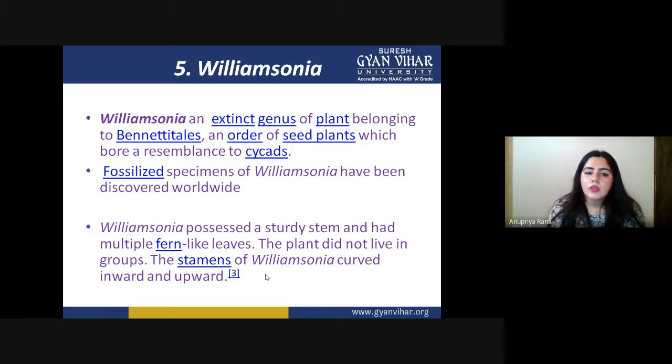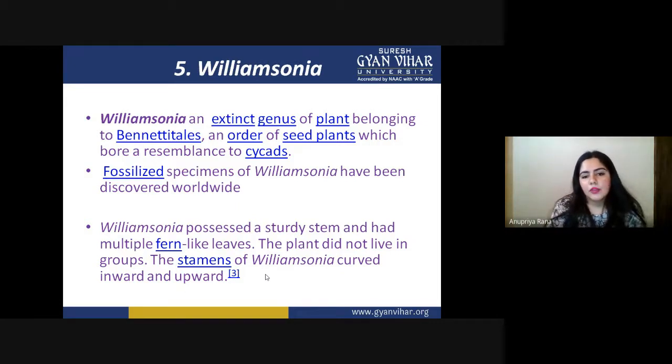The plant did not live in groups. If we got a particular fossil, we got it as an individual unit. On that basis we can analyze that they didn't live in a group. They were present individually, as a single unit.